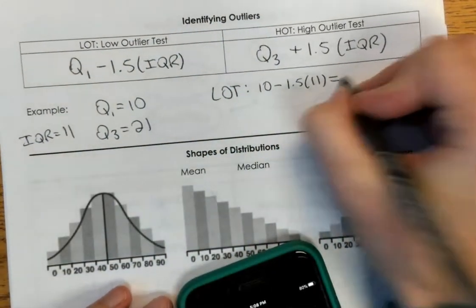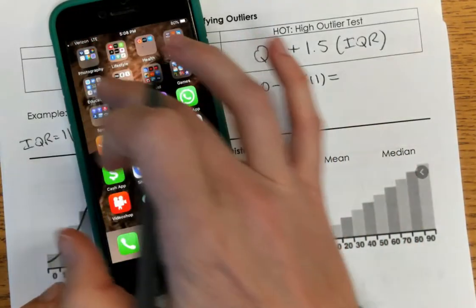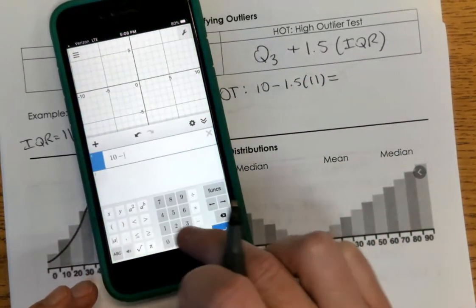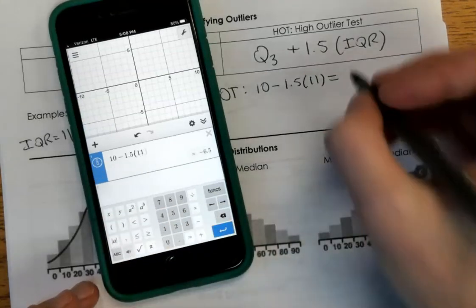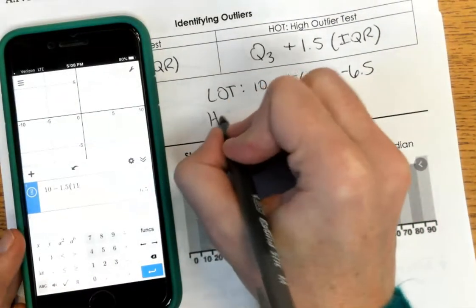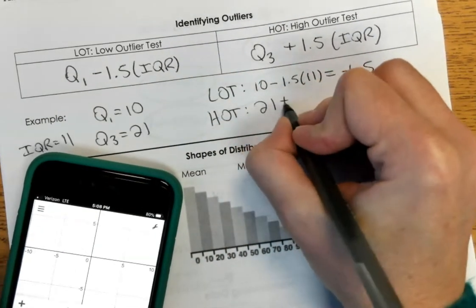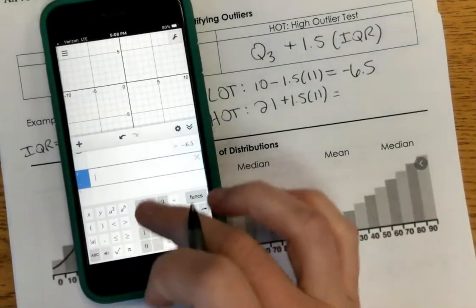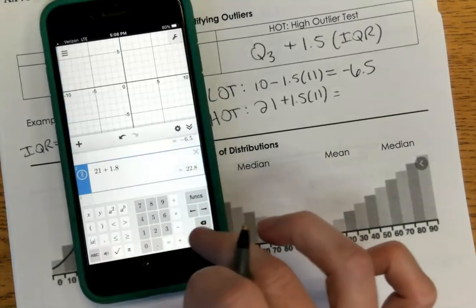All right, so here's my low outlier threshold. 10 minus 1.5 times 11, so negative 6.5. And then my high outlier threshold is going to be 21 plus 1.5 times 11.